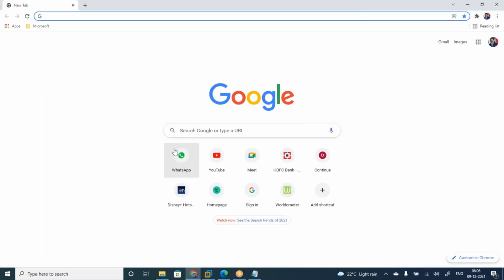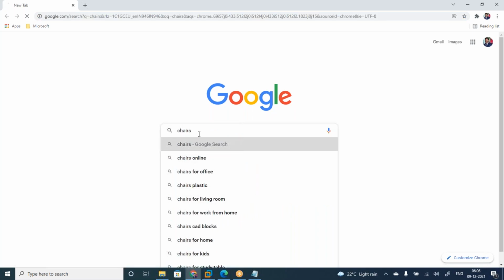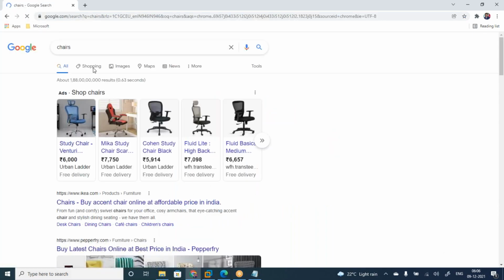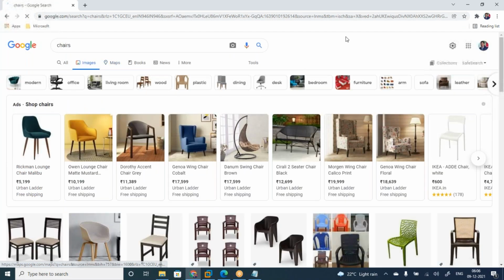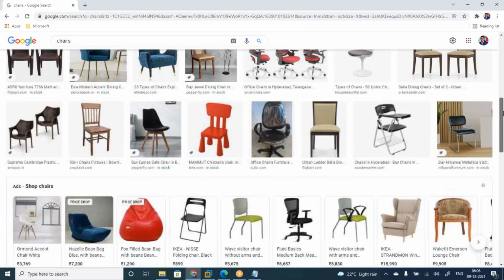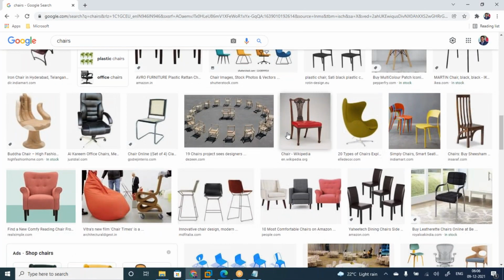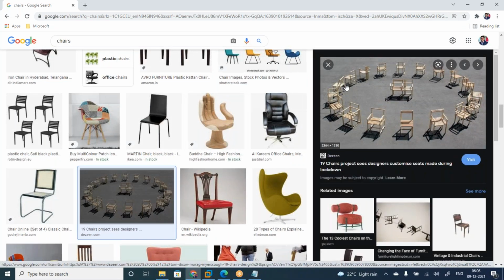What do I mean by this? Suppose chairs. If you go to chairs, look at this one, I want more chairs. Take this one. So the chairs are kept like this.